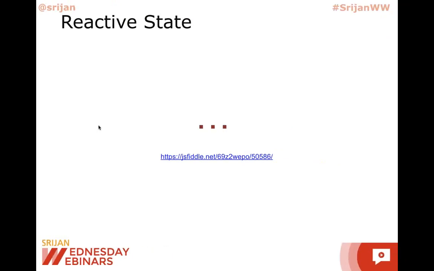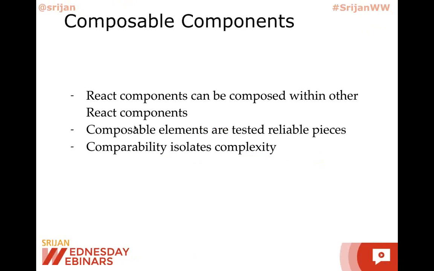Let me tell you more about it. This talks about how you can nest components and reuse them. And reusing is a good practice, because reused components are more tested and they isolate the complexity.